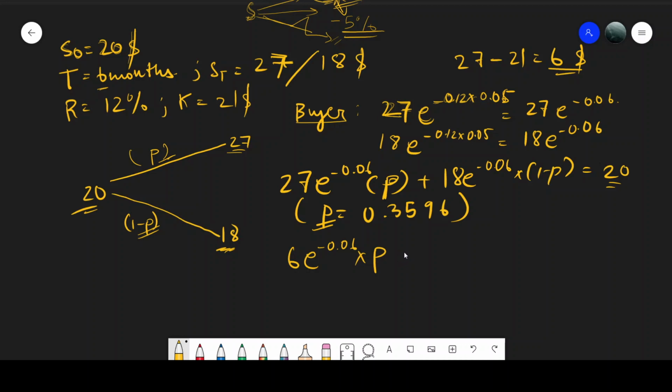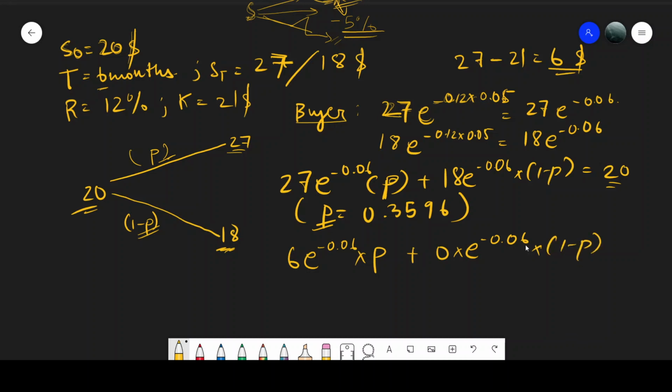And if the price goes down, then he's not going to make any money. It's going to be 0 into e to the power minus 0.06 into 1 minus P, right?